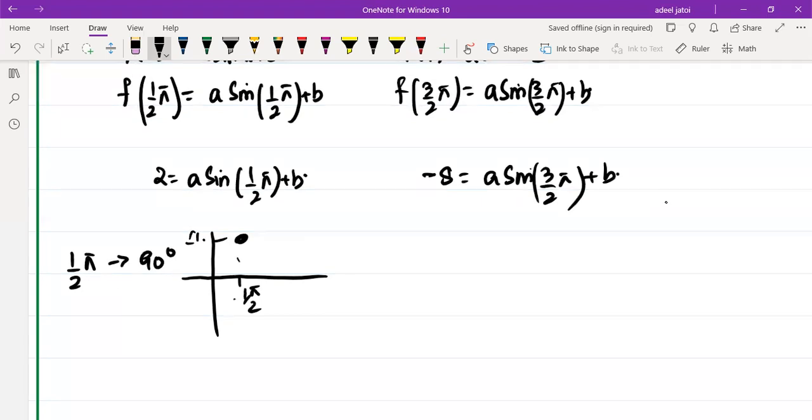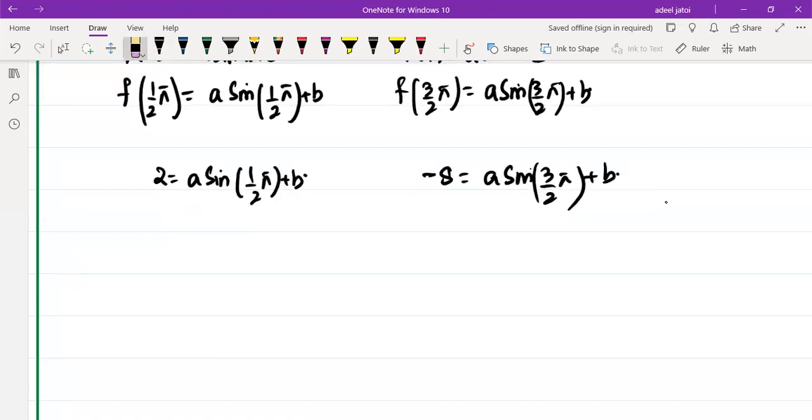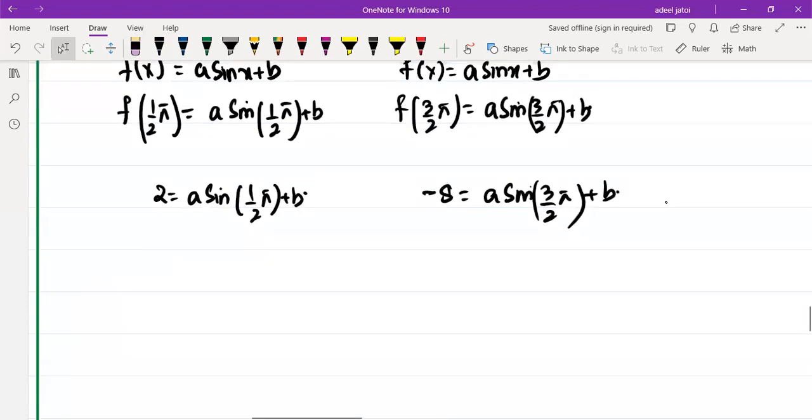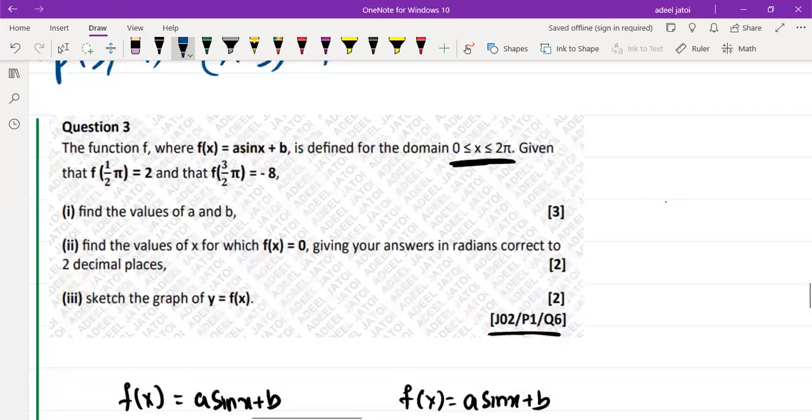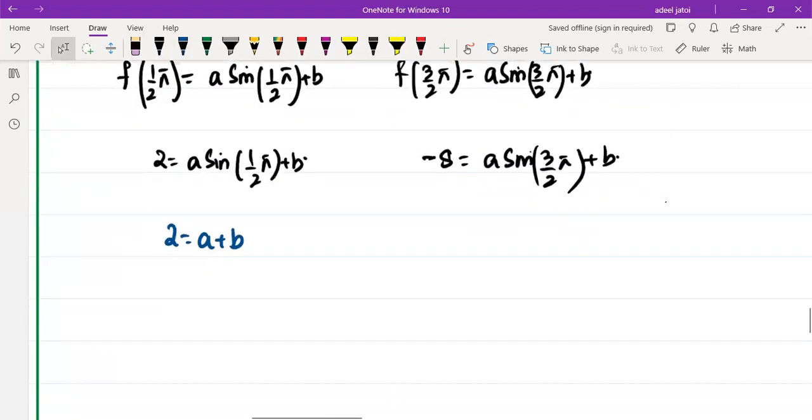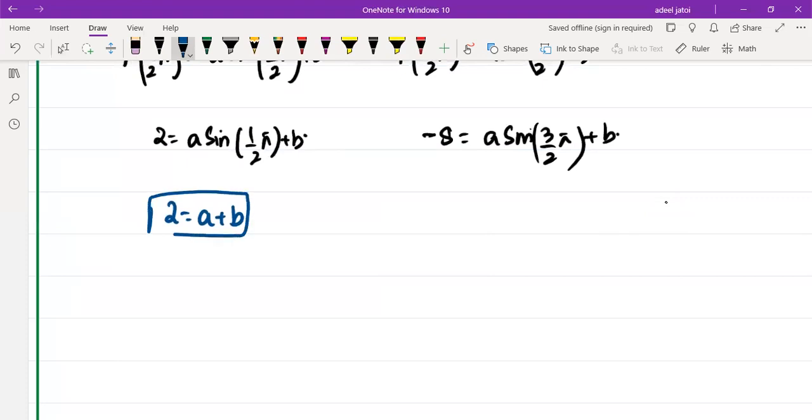Or write it in the calculator. So we have that 2 is equal to a plus b. So this is your first equation.